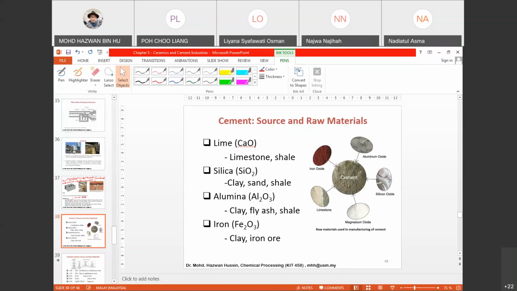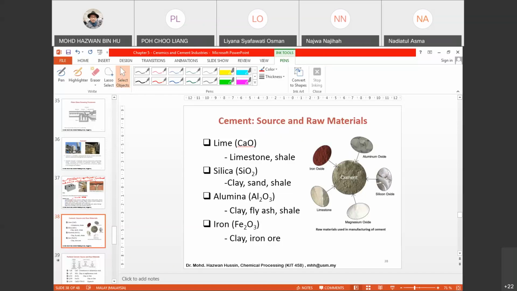Silica is also needed. You can have silica from clay, sand, and also shell. And other than that, there's a binding material, which in this case is aluminum oxide, that you can get from clay and fly ash.